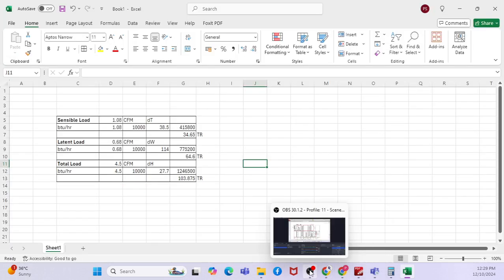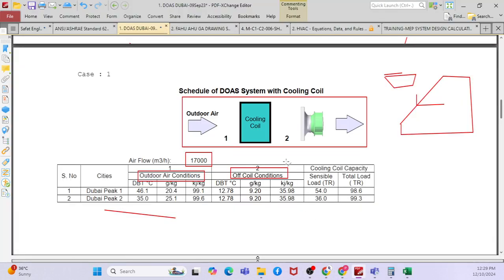Now I'm going to the picture for another scenario. Okay, so this is one of the scenario, you understand.